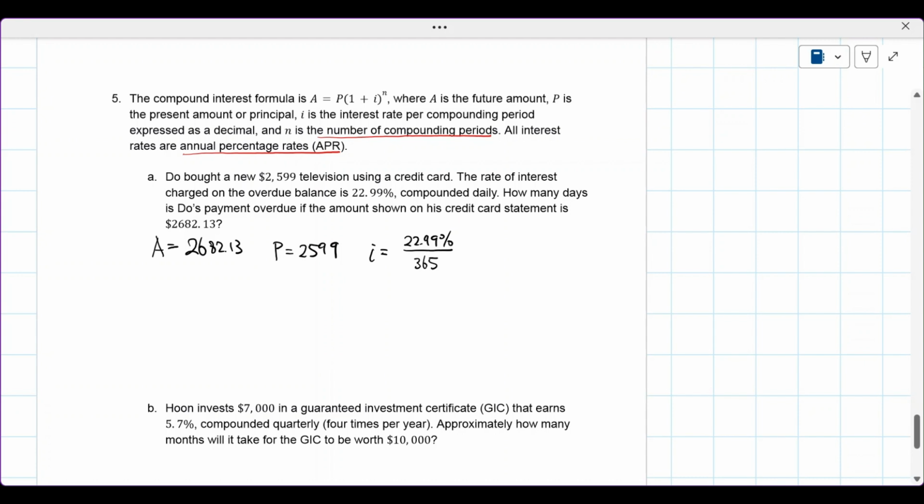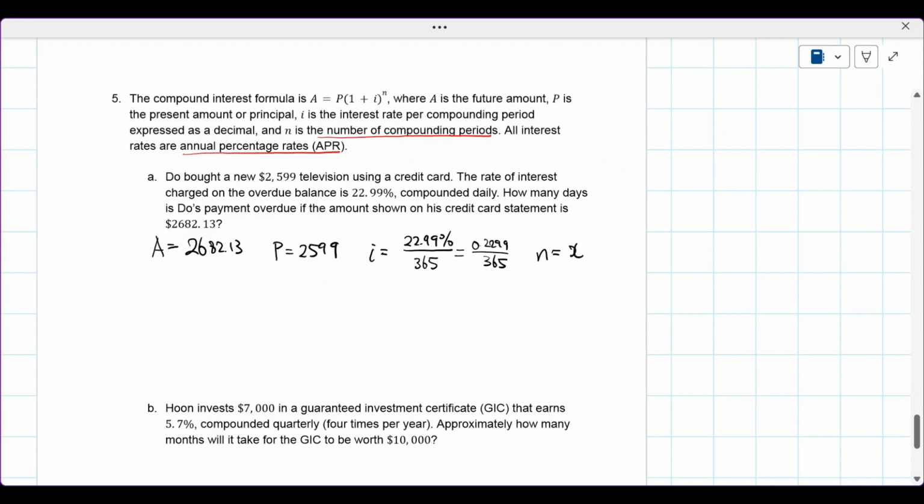So i will be 22.99% divided by 365, or we can rewrite it as 0.2299 divided by 365. Finally, n is the unknown value because we need to find the number of days, so let's put it as x.